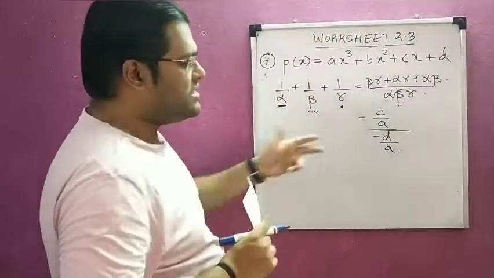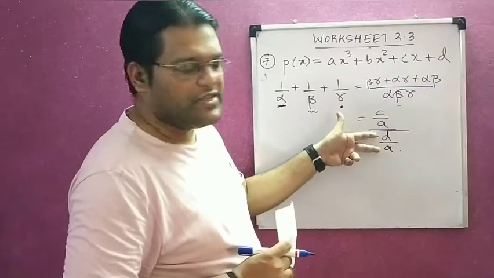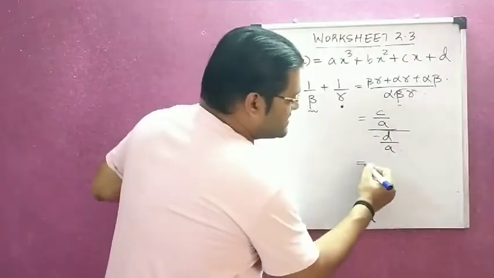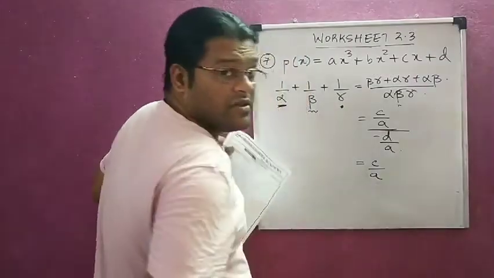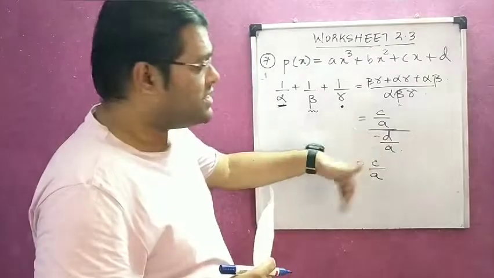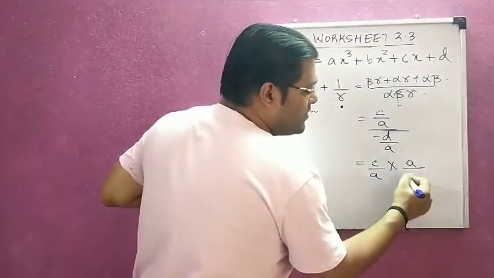So it is a fraction divided by a fraction. How to solve this? The fraction of the numerator, I will write it as it is. But the fraction of the denominator, I will write it on the side of C upon A, but the reciprocal of it.